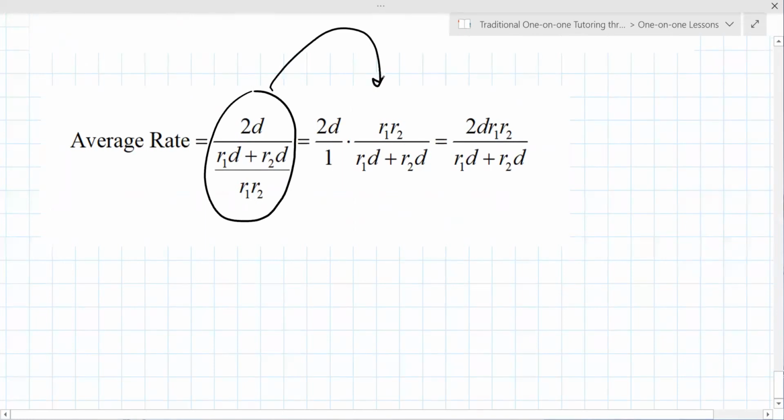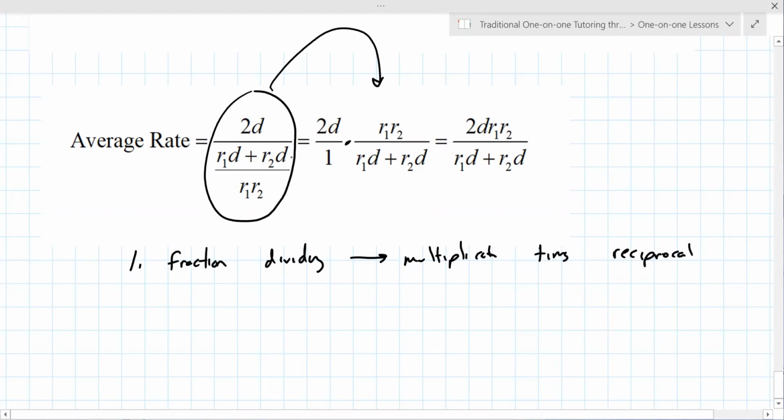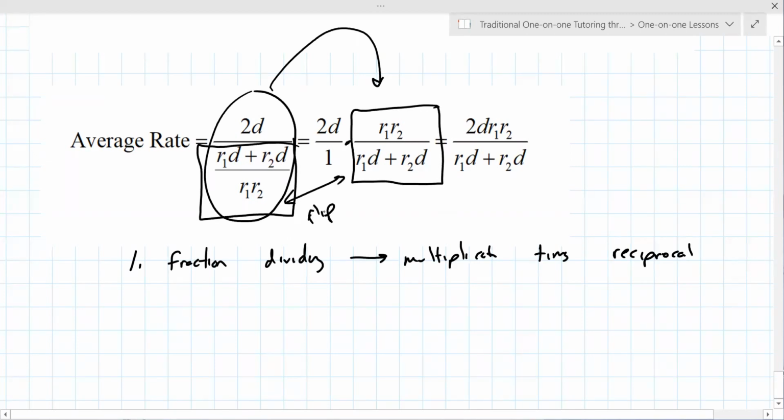The way you want to answer this is that when you have a fraction that you're dividing, it becomes multiplication times the reciprocal. What I'm boxing in here and here, these are the flip of one another. What was on bottom goes up top, and what's on top goes to the bottom.